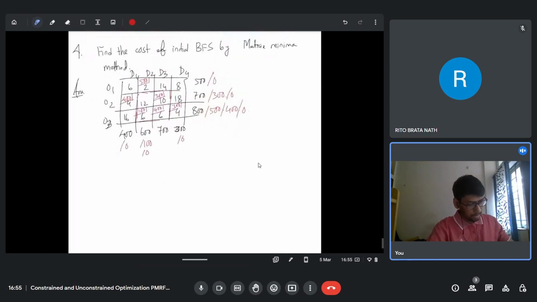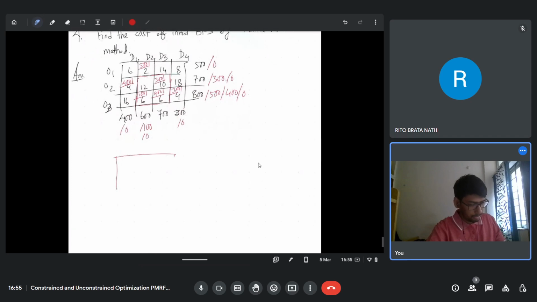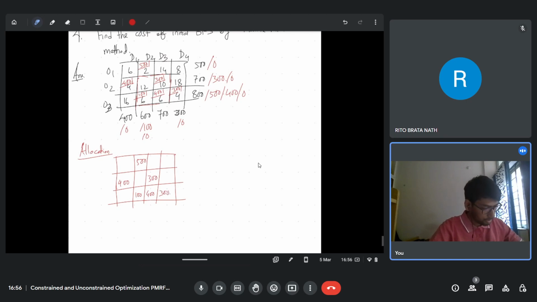This is using matrix minima, and these are your allocations. If you add it up, it's 500, 700, 800, and then 400, 600. So the allocations are perfect here.